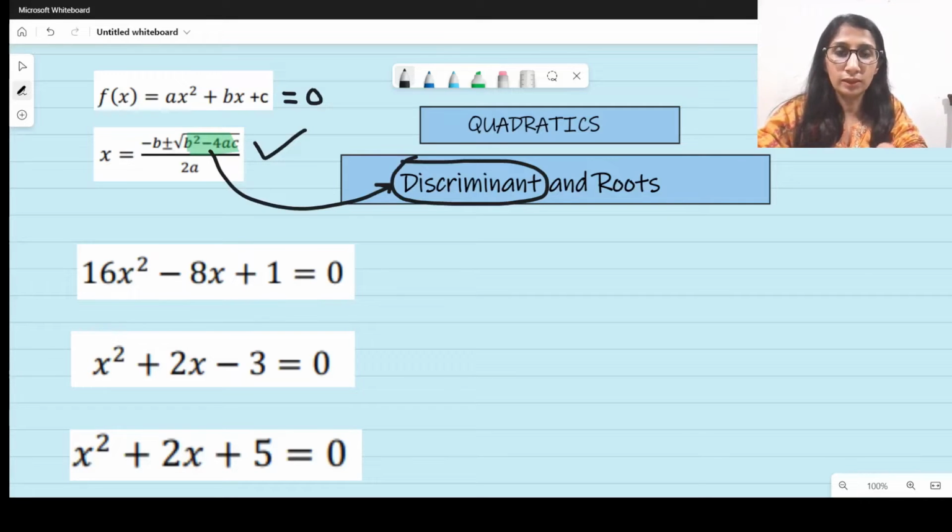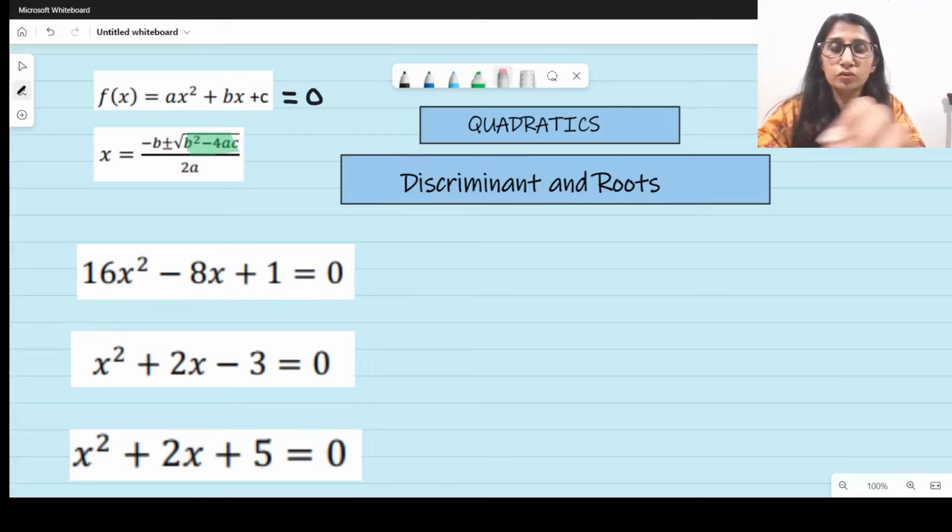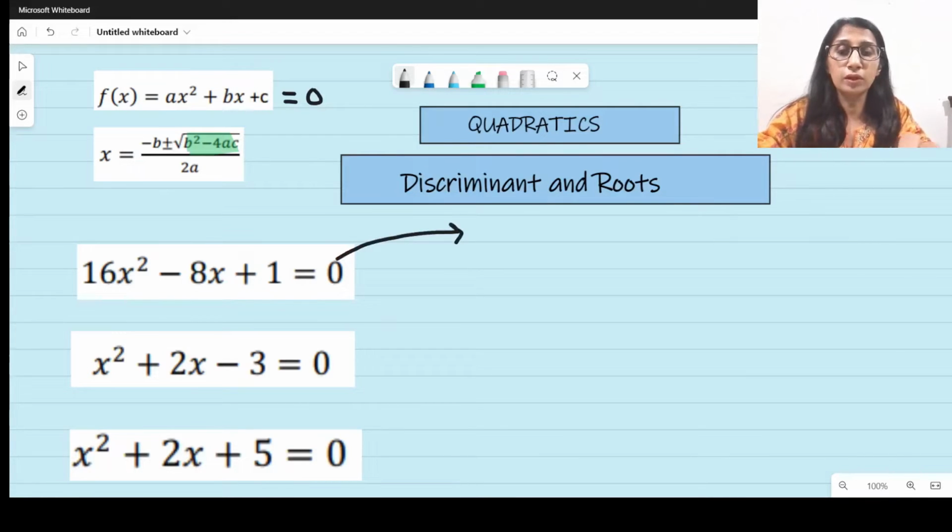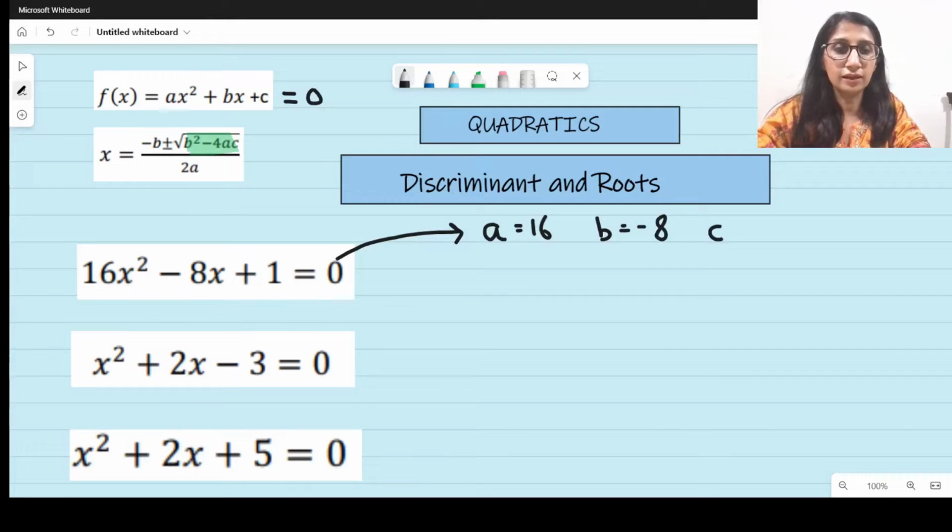So in the first one, if I need to find the solution or the roots of this quadratic equation, I am using the quadratic formula in this case. So a is 16, b is minus 8, and c is 1.